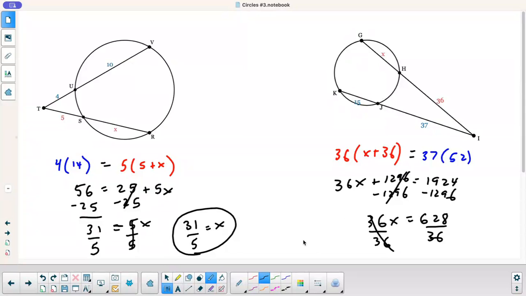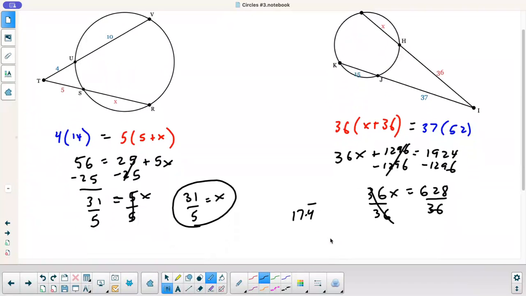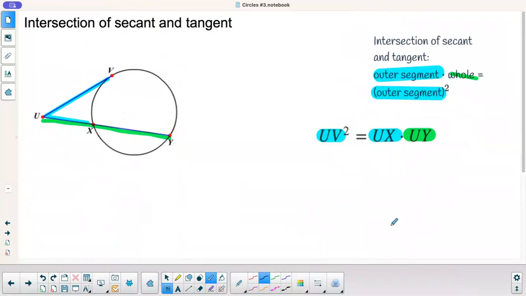So again, I get a repeating decimal, 17.4 repeating. I'm going to convert that to a fraction. So that ends up being 157 over 9.